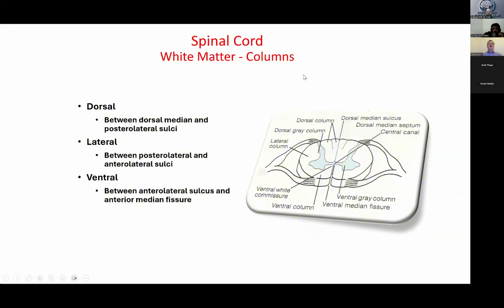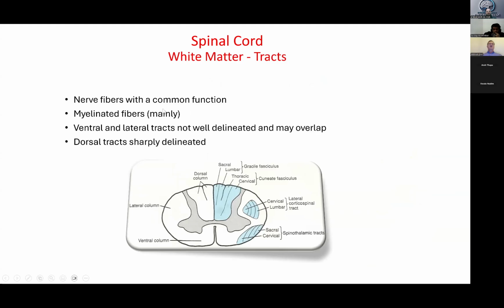What about the white matter of the spinal cord? There are dorsal, lateral, and ventral white matters. If you look at the dorsal white matter, there are the so-called fasciculus gracilis and fasciculus cuneatus.